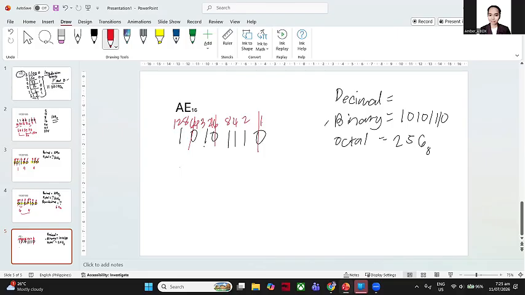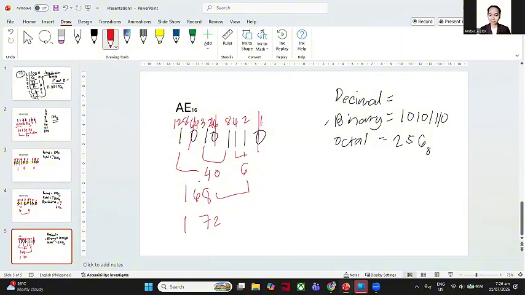So we have 128, 32, 8, 4, 2. 4 plus 2 is 6. 32 plus 8 is 40. 128 plus 40 is 168. So 168 plus 6 is 174.